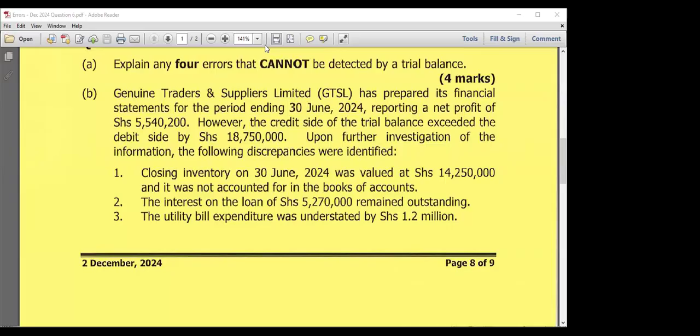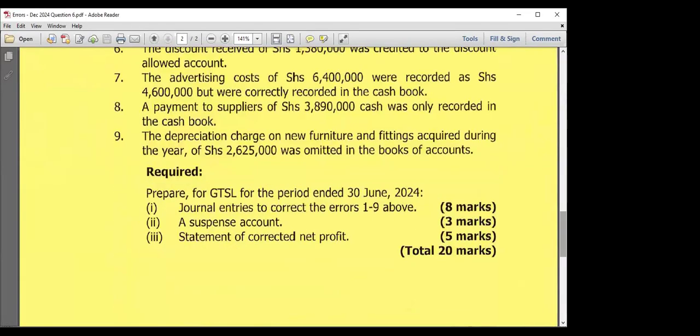So let's look at the scenario. From our required, I always encourage you to start with the required so that you know what you're picking out of your scenarios. We are required to prepare for GTSL for the period ended 30th June 2024 journal entries to correct the errors 1 to 9 above, then a suspense account and a statement of corrected net profit.